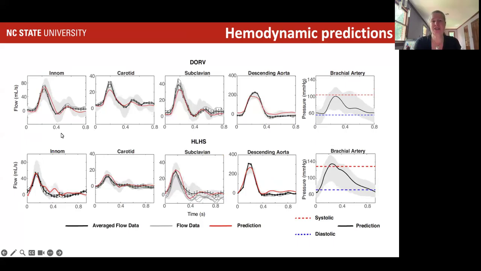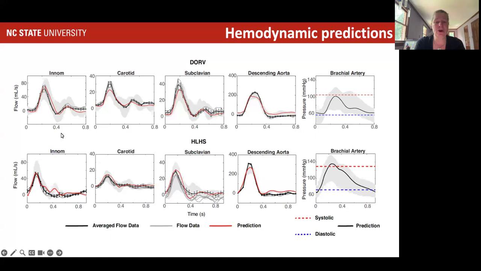Okay, so here's an example of our predictions for one of the DORV patients and one of the HLHS patients. The black dots with error bars are the model. The red line is the prediction.